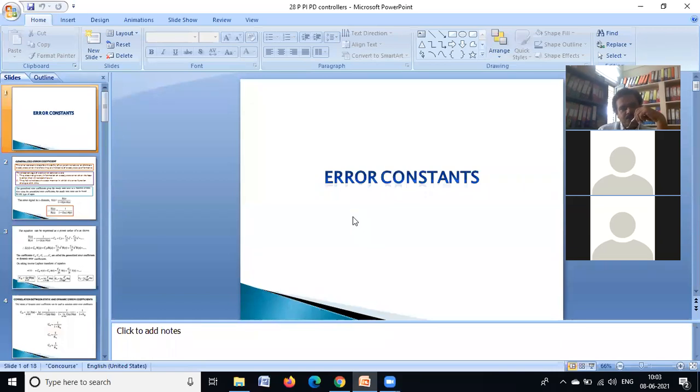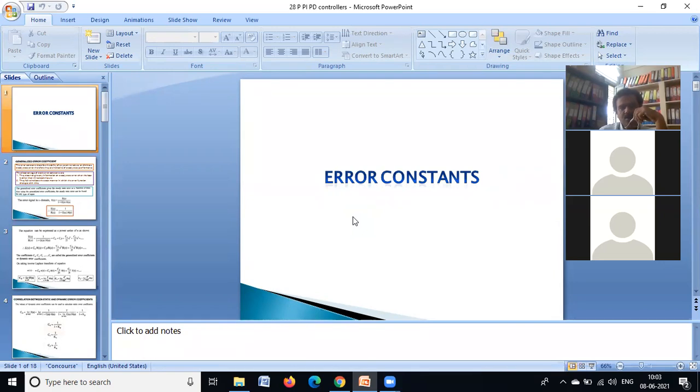Once we get the transfer function model, next, our aim is the response of the system. The response mainly depends upon the type of the system and also the input. Once you give the input, you will get the final response. To analyze that particular response, we have specified some specifications.